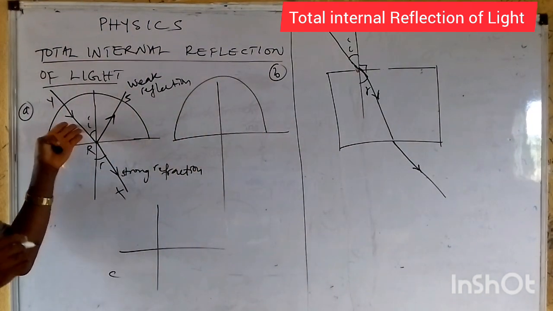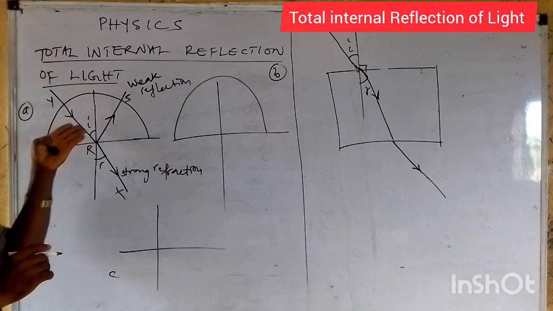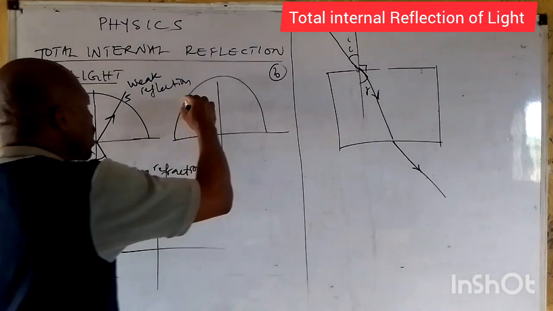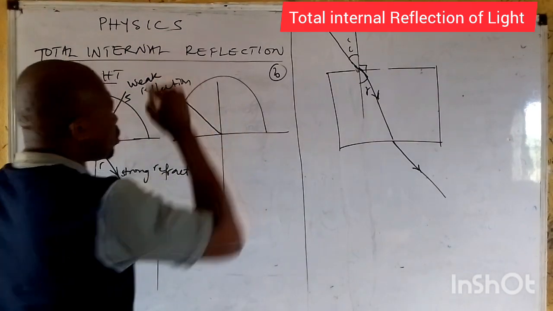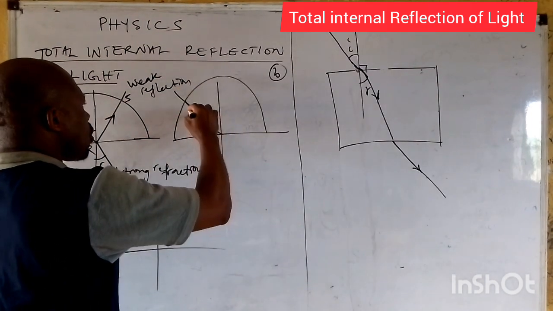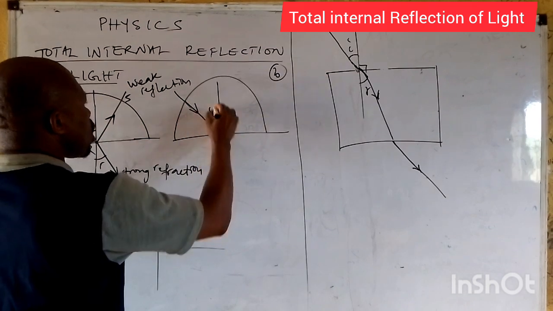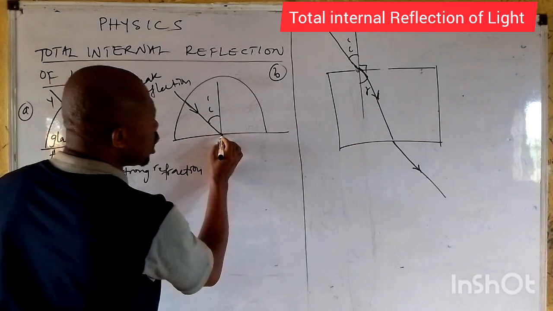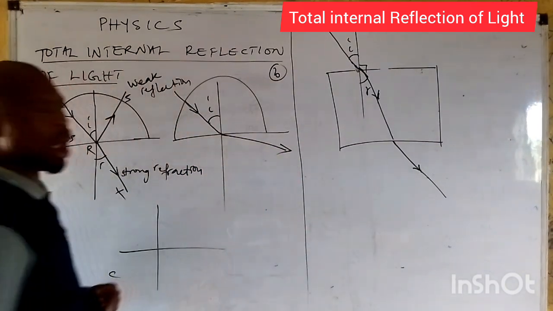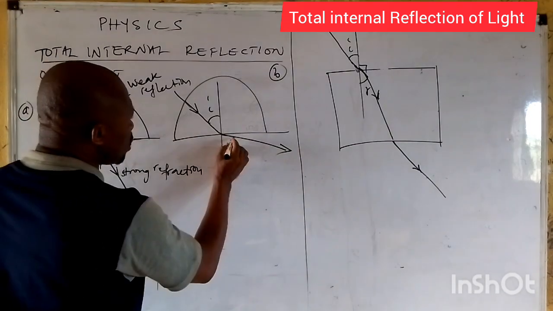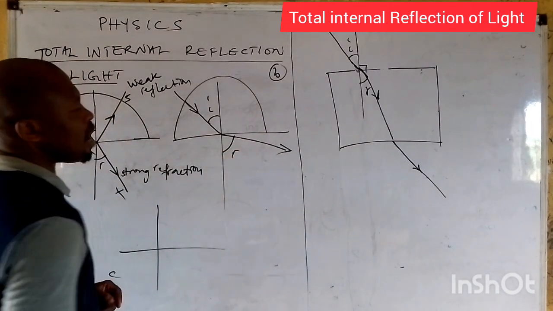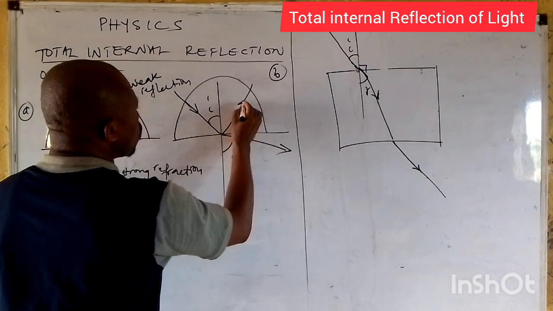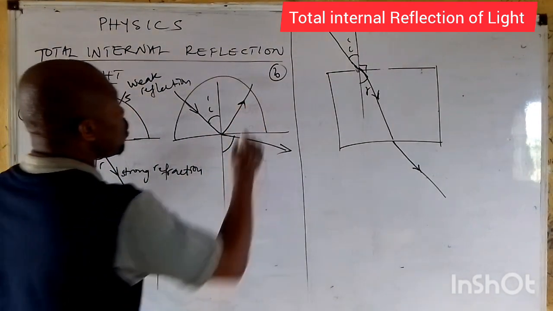Now, if you continue to increase your angle of incidence, let's say we have this. At this point, this is our angle of incidence. If we now increase our angle of incidence, the angle of refraction, let's say we can have it somewhere here. That means the whole of here is the refracted ray. Now, here will give us the reflected ray.